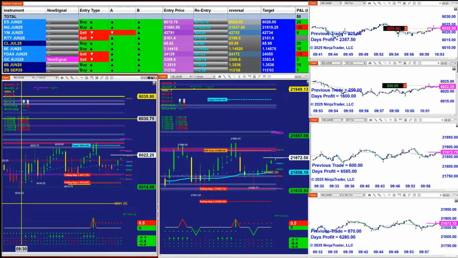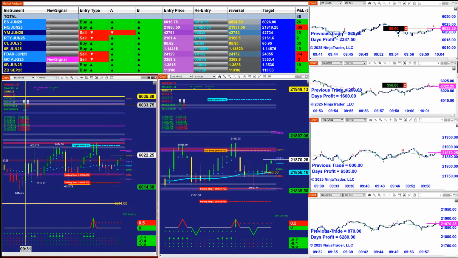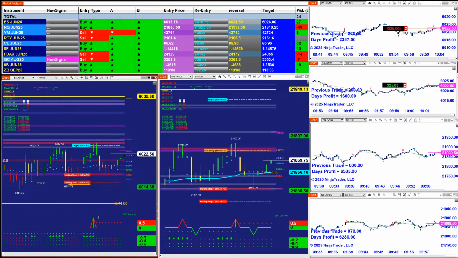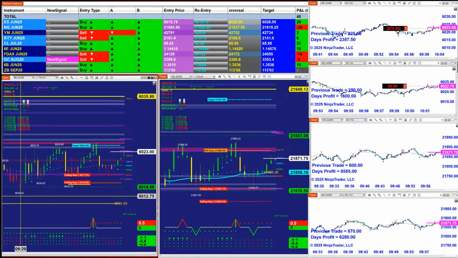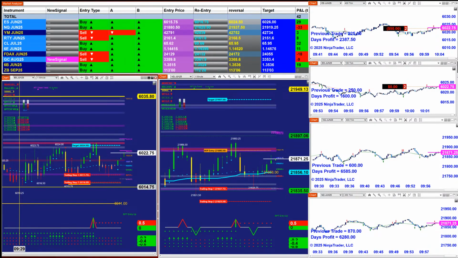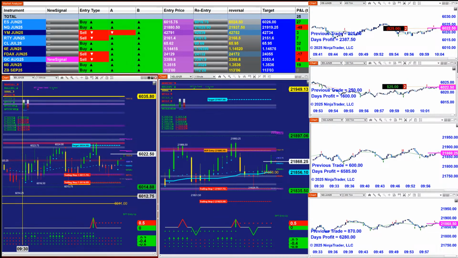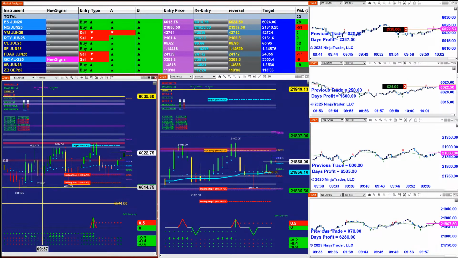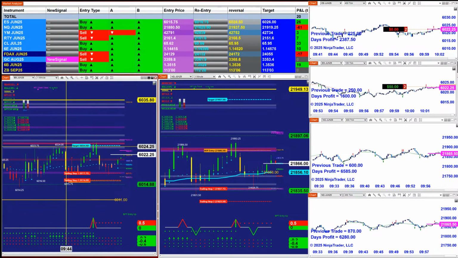Plus you have the mixed market, and the buyers over the sellers with the 6 different time frames are almost the same. But also on the support, from the symmetry, 6,014.25 is the support area. So it's not going anywhere.